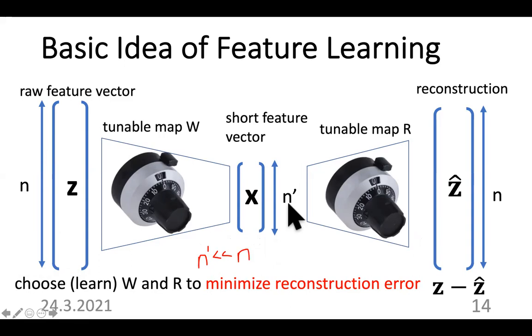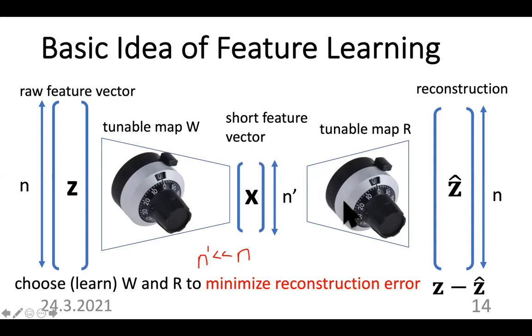And the question is, again, it's very similar to the basic setup of machine learning. We want to find a map, but how do we know if a map is good at all? So we need some sort of a loss function to measure the quality of a map.